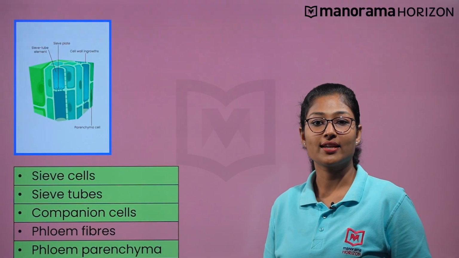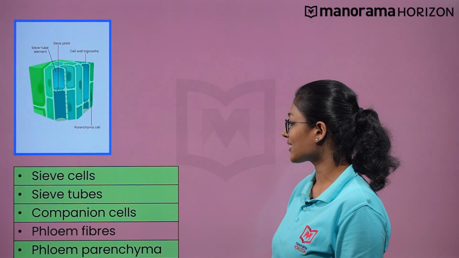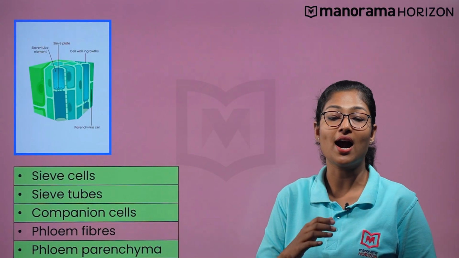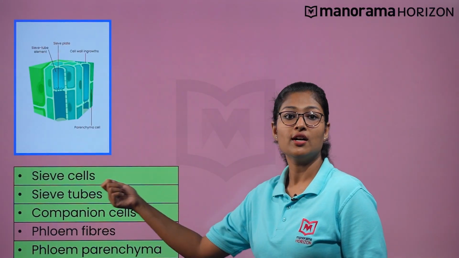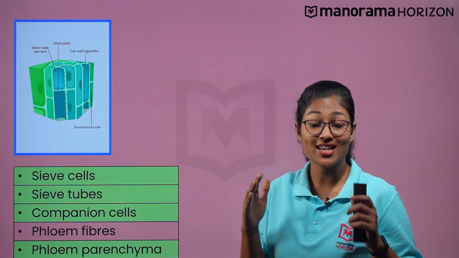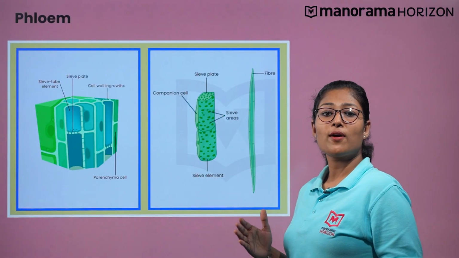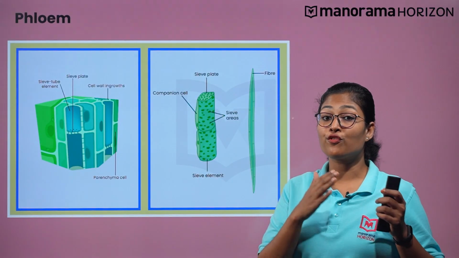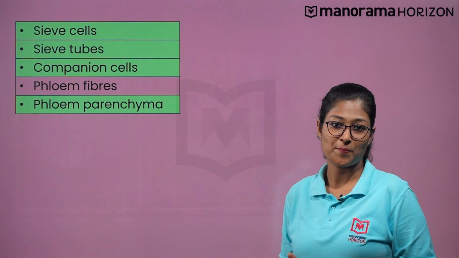All marked in green, that is, sieve cells, sieve tubes, companion cells and phloem parenchyma are living cells, while the phloem fiber marked in brown shade is made of dead cells. It is easy to remember, right? They are responsible for the transportation of food from leaves to all other parts of the plant.